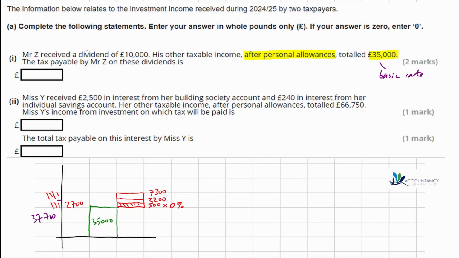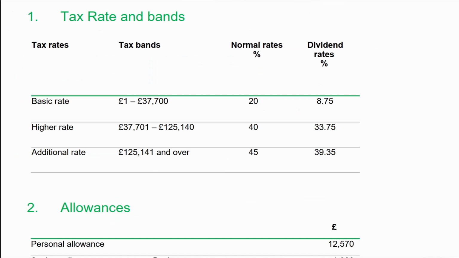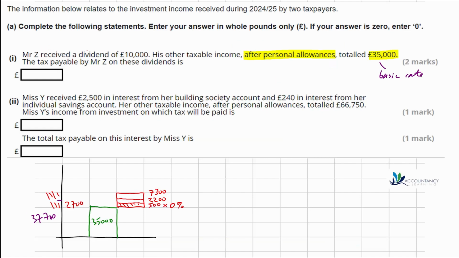We need to know what rates we should be using, and this is also in the reference materials. Looking at section 1, we can see that the basic rate is 8.75% and the higher rate is 33.75%. So we multiply the 2,200 by 8.75%, which gives us tax due of £192.50.